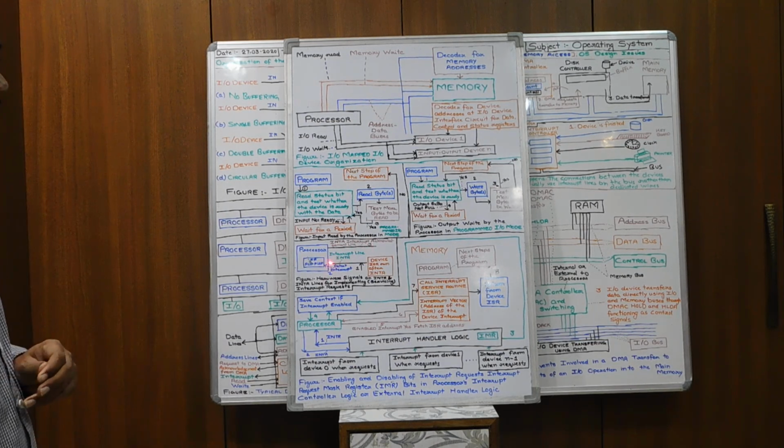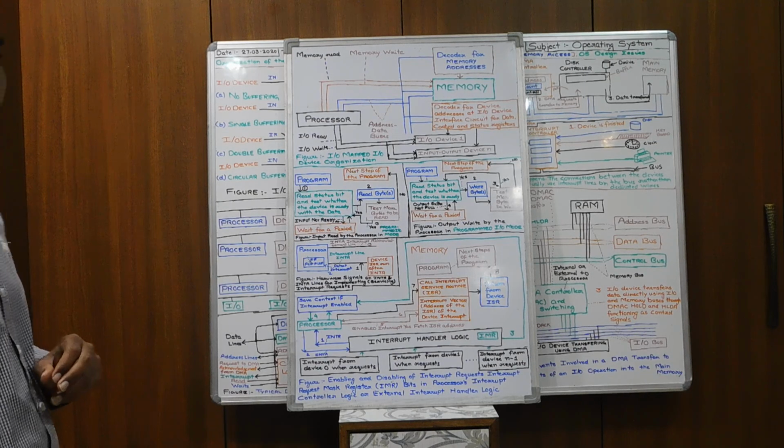So in the INTR line, the interrupt request will come, and this flip-flop will detect that, and after making a detection it will pass on the acknowledgement.